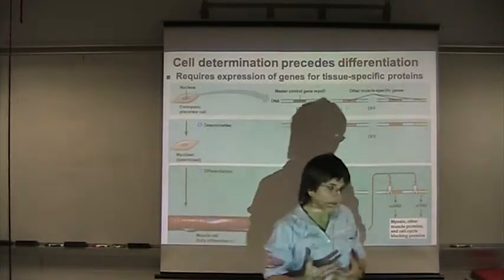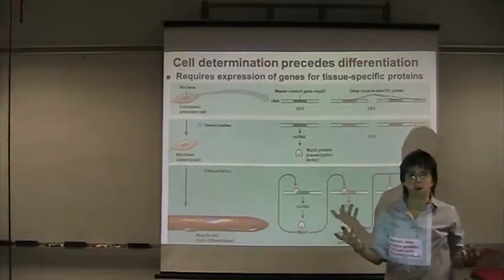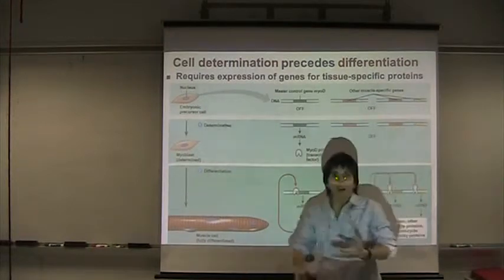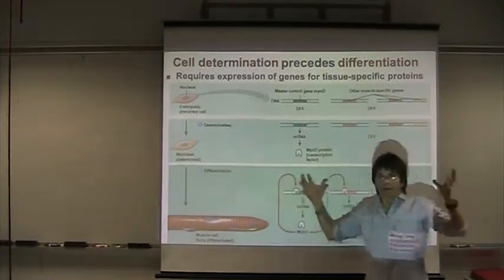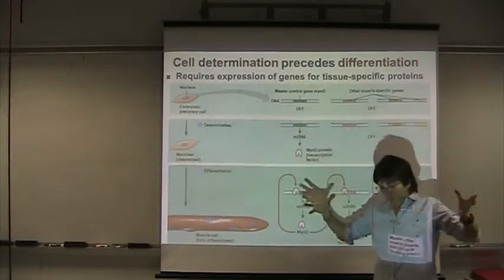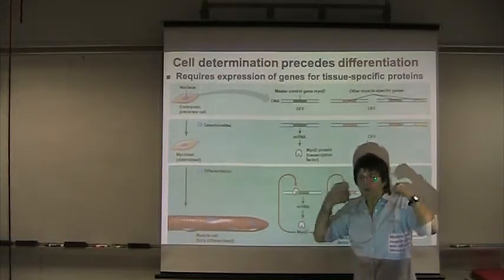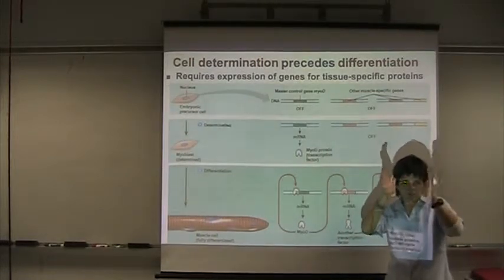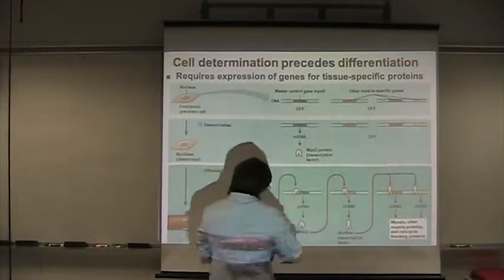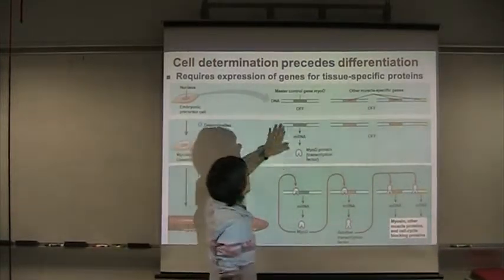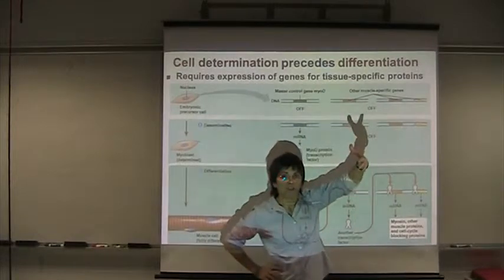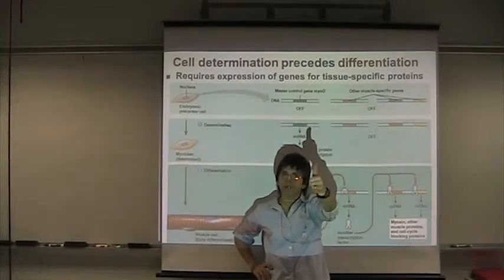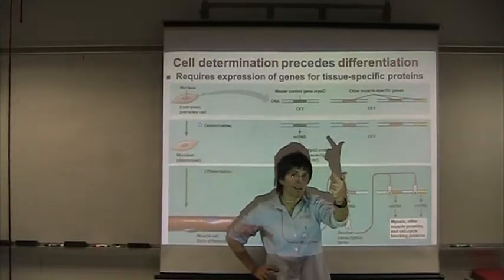Now, to build a muscle, you need a bunch of molecules. You need myosin, a protein, you need actin, and you need a host of like 5 or 6 other very important molecules and proteins, most of which need to be transcribed and translated. Actin and myosin are the ones that most of you know, so we'll focus on those. So, in order to have a muscle, I'm going to have to activate my myosin gene and my actin gene.